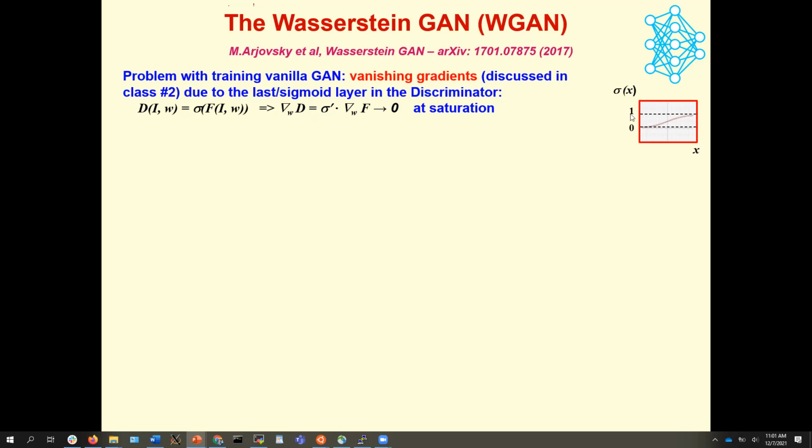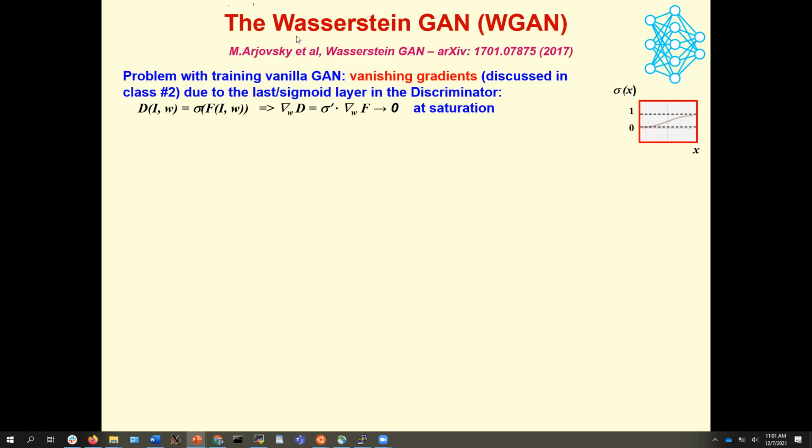Since the derivative may tend to zero at some values of the argument, the entire gradient of the discriminator will also tend to zero. That is the reason for the issue. It's one of the issues that often occur when training GANs.